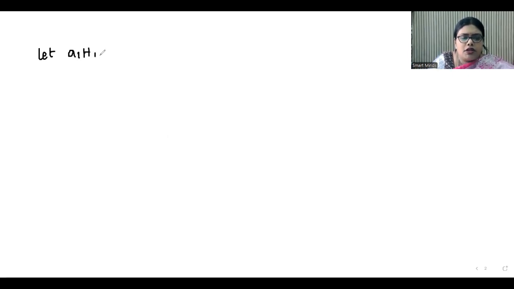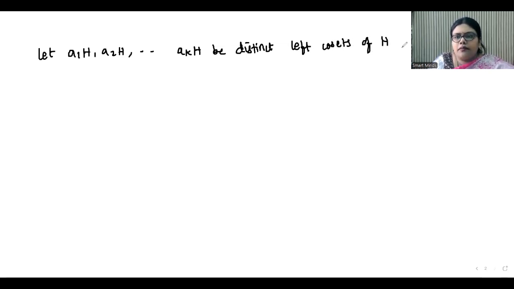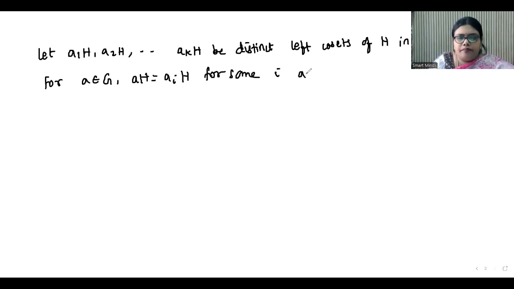Let A1H, A2H, so on up to AKH be distinct left cosets of H in G. Then for A belongs to G, AH is equal to AIH for some I. And from properties of cosets, what do we have?